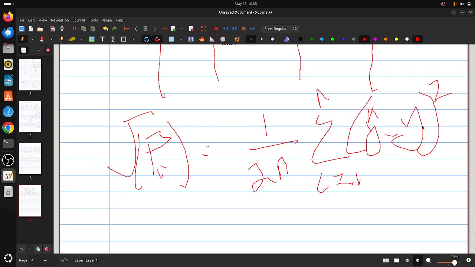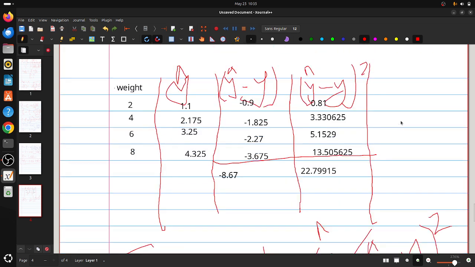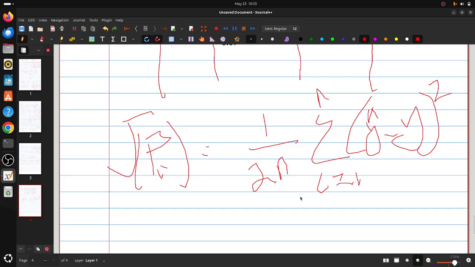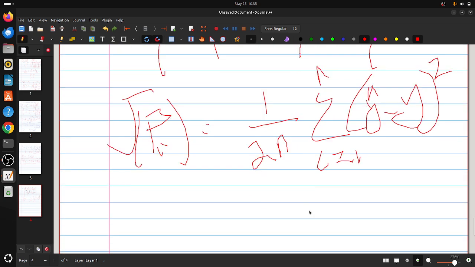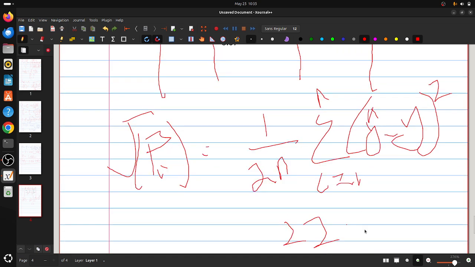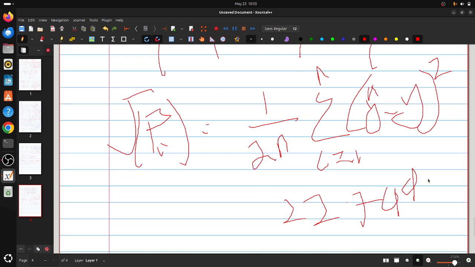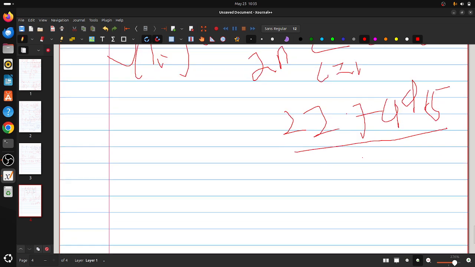But we have calculated this actually, which is the last column, which is 2.79915 over 8, right? Over 8, isn't it?